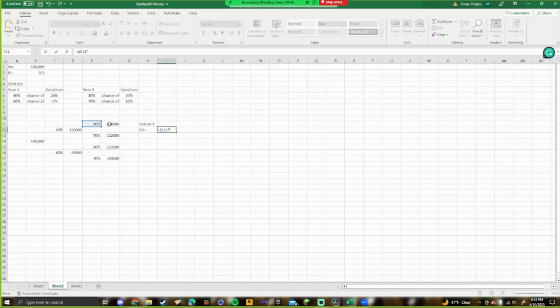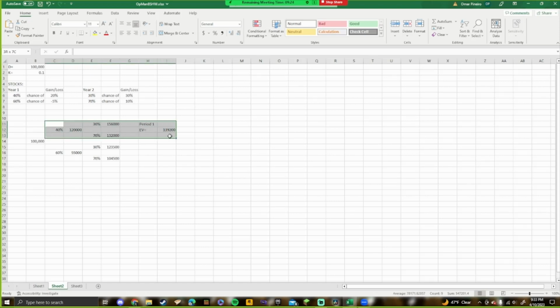You're multiplying it with that end number right there. Closing it off, and then you're adding it to the percent of chance of the other version happening times, well, that end value, and boom, that is your EV for this route.